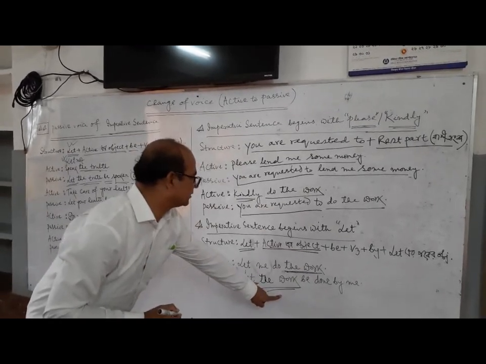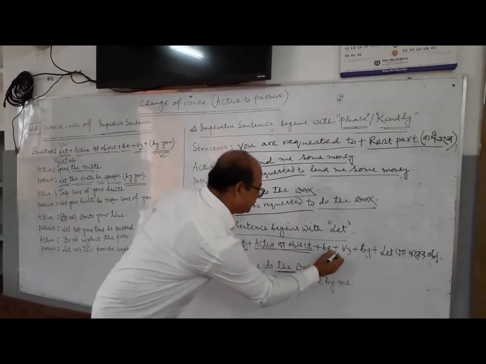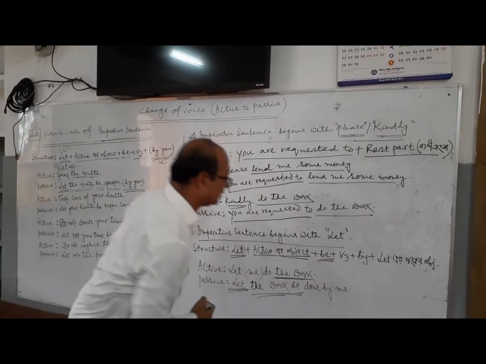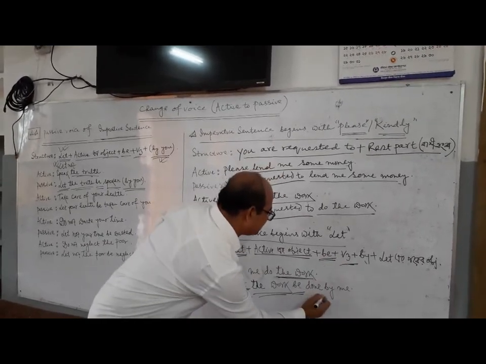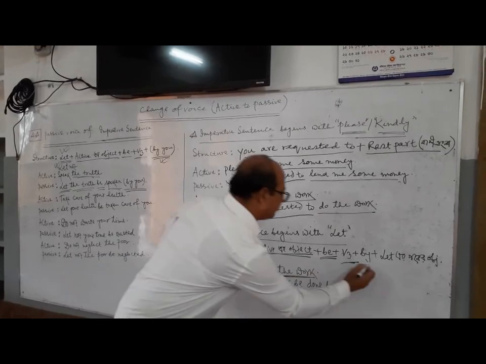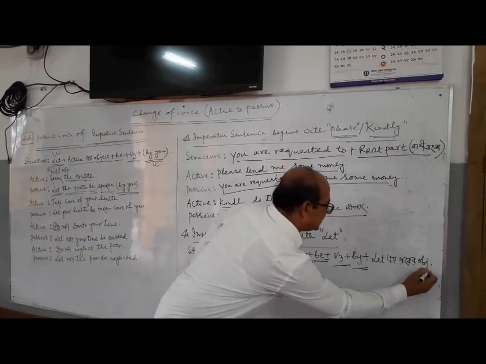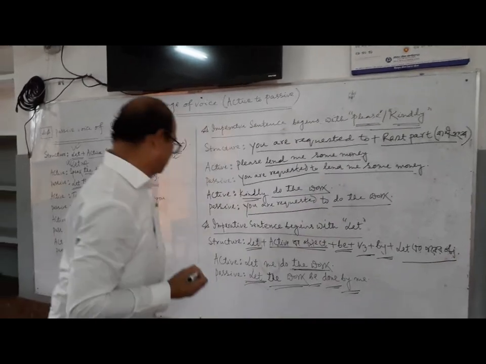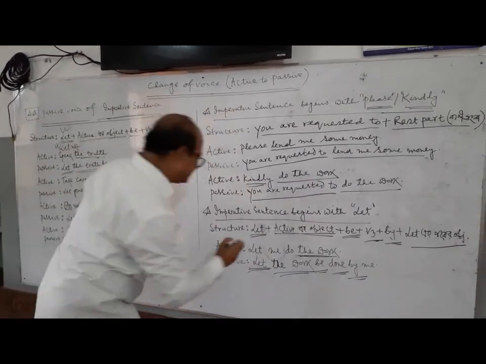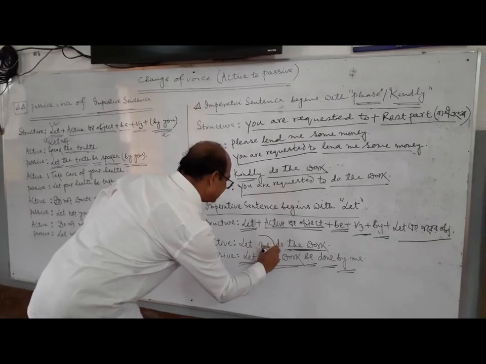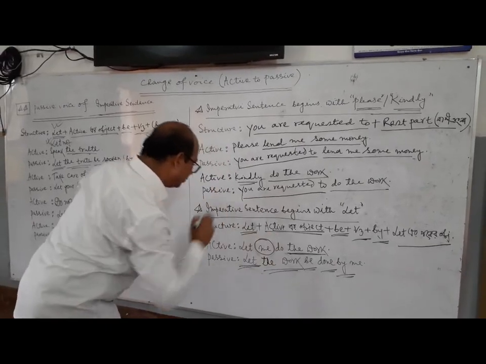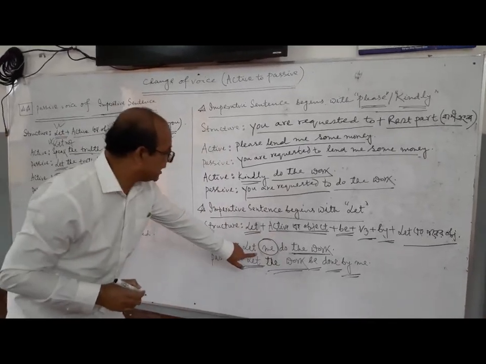Let the work. Then I have written V3 done by, and I have written the active object later. You know, here is let me, that means what was written just after let.